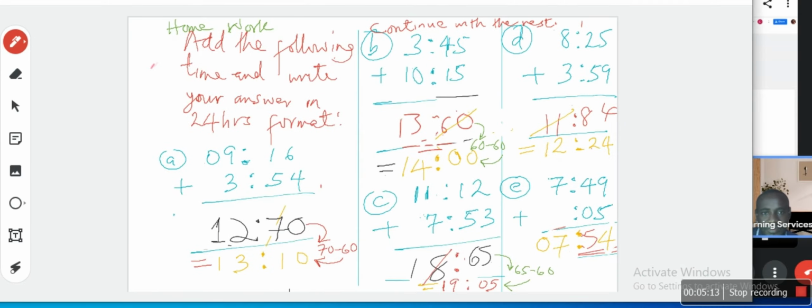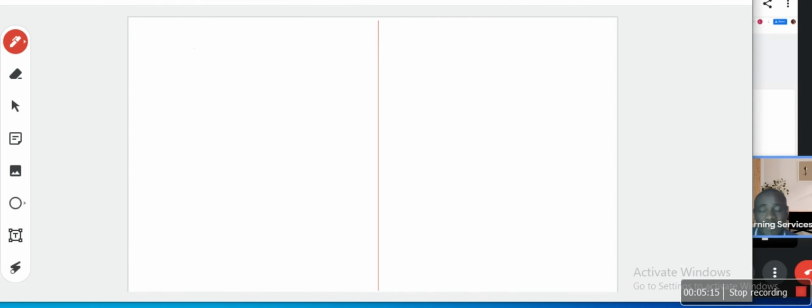Let's look at subtraction of numbers of time. Assuming you have this, 1145 minus 320. What's the time between 1145 and 320?